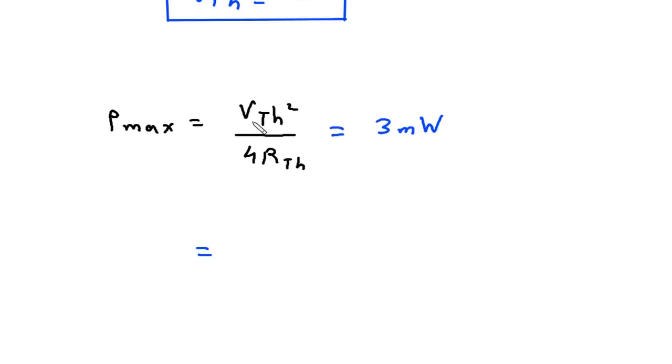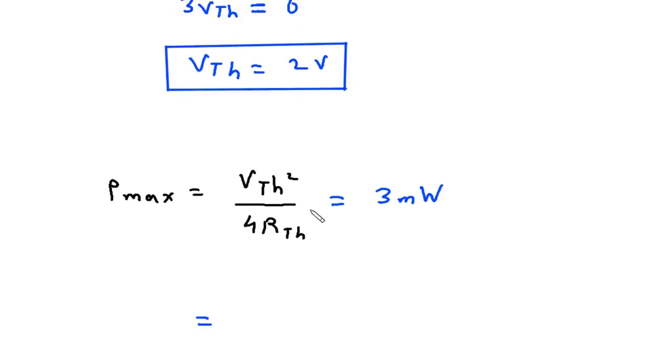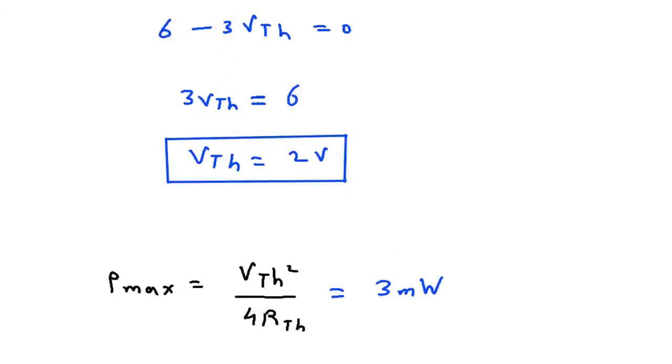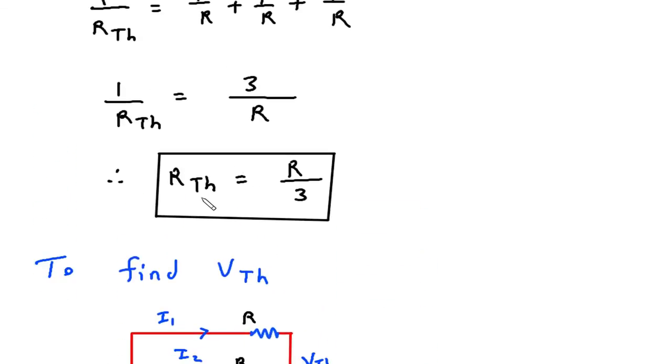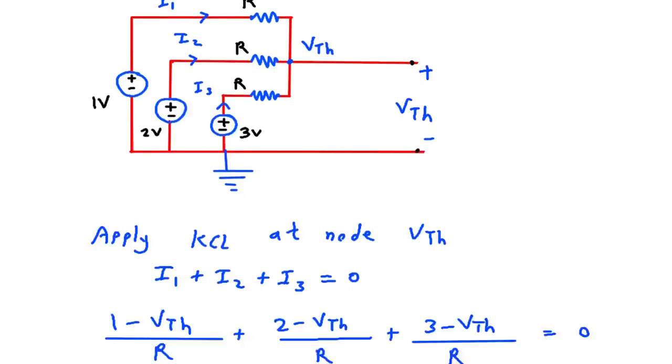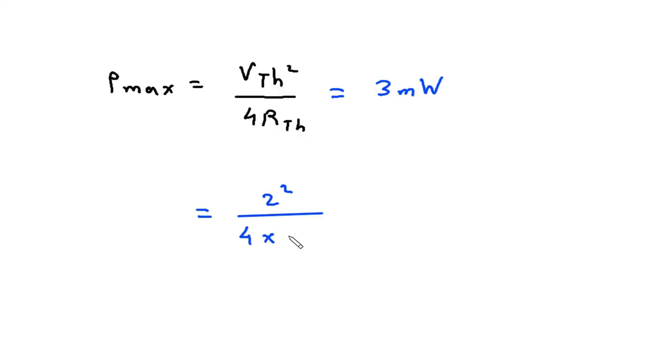So 3 milliwatt is equal to VTH square, 2 square, divided by 4 into RTH. Now RTH is equal to R by 3. This is equal to 3 milliwatt, so 3 into 10 raised to the power minus 3.